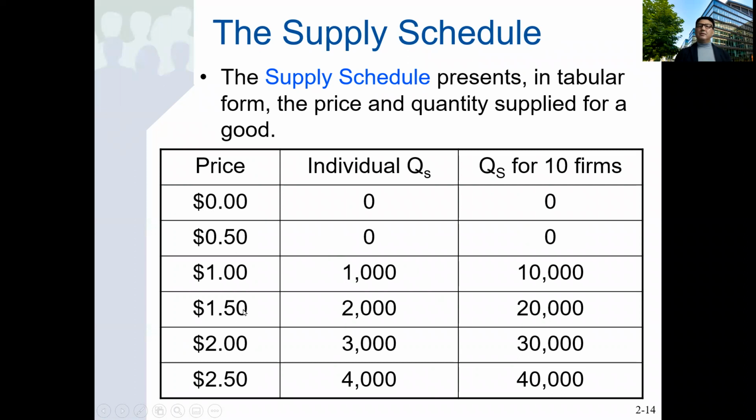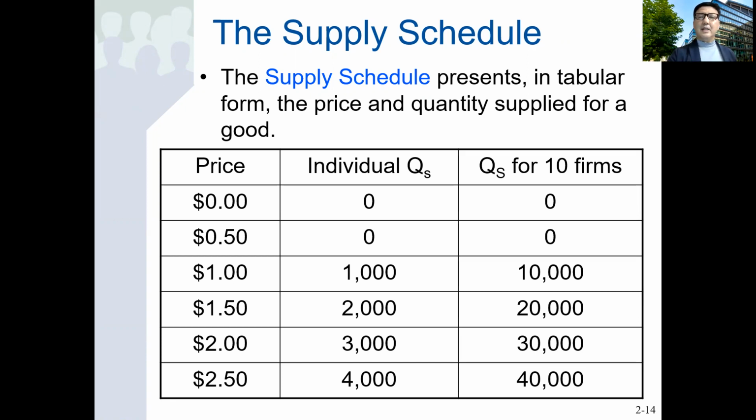The supply schedule is always from the perspective of people who either produce the product or sell it, not the buyer like the demand. Demand is from the buyer's perspective, but supply is from the supplier, the person who is making it or selling it.